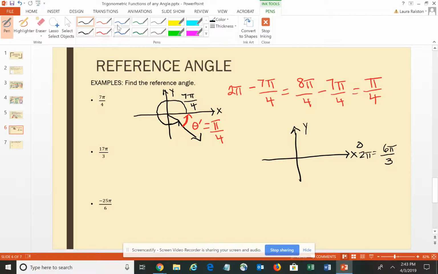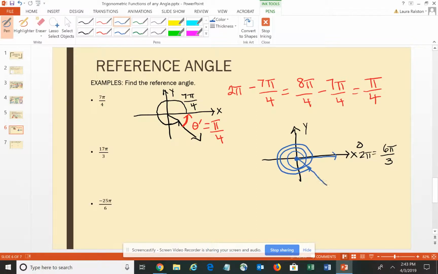So if I think about drawing my reference angle, and I want to do 17 pi thirds, if I go one full revolution, I've gone 6. A second full revolution, I've gone 12. I can't go 6 again.